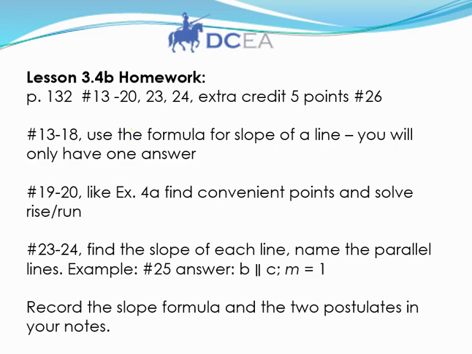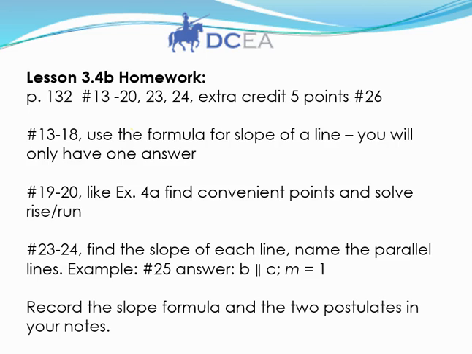For lesson 3.4, the second part, you're to do page 132, numbers 13 through 20, number 23, and number 24. You can attempt number 26 for 5 extra credit points, but make sure you do all of the other problems first.